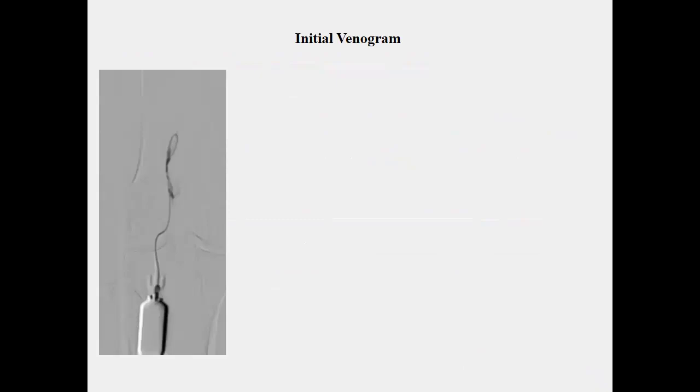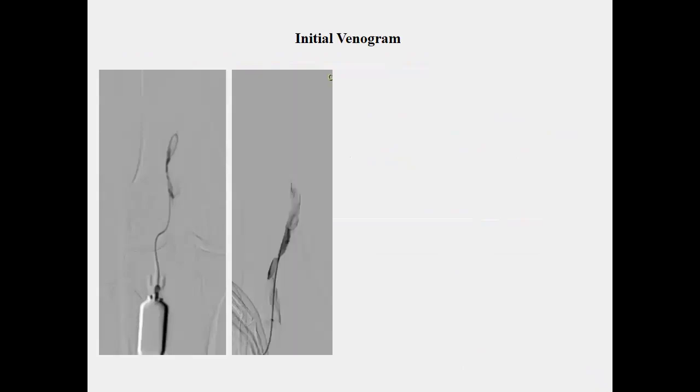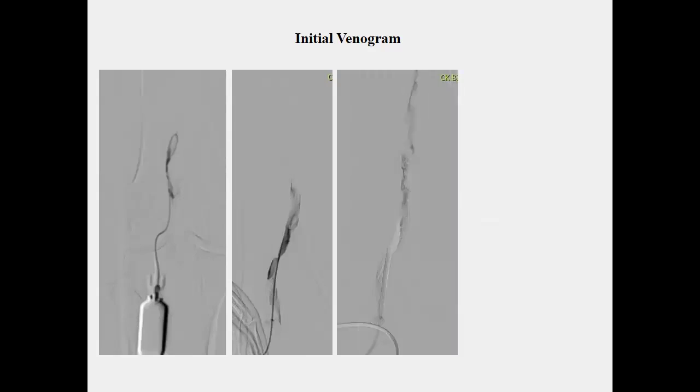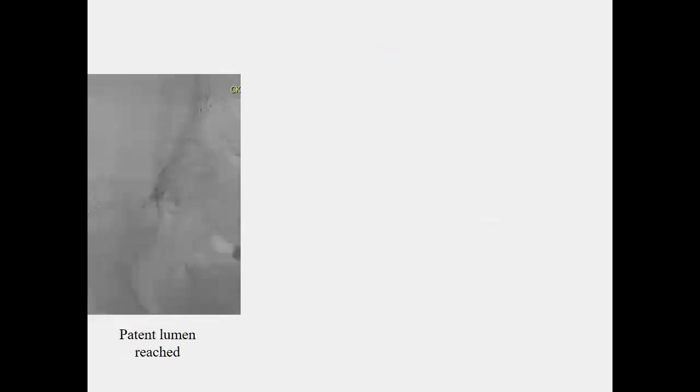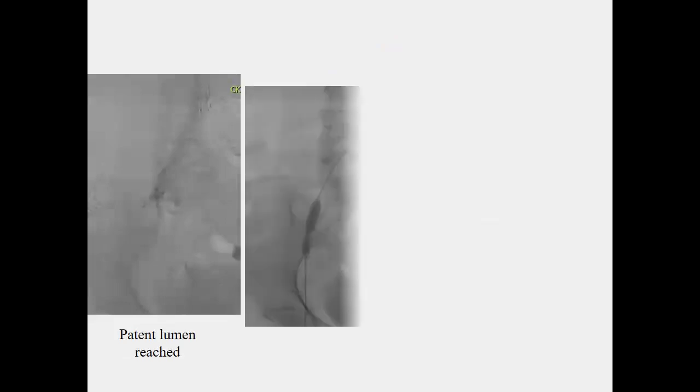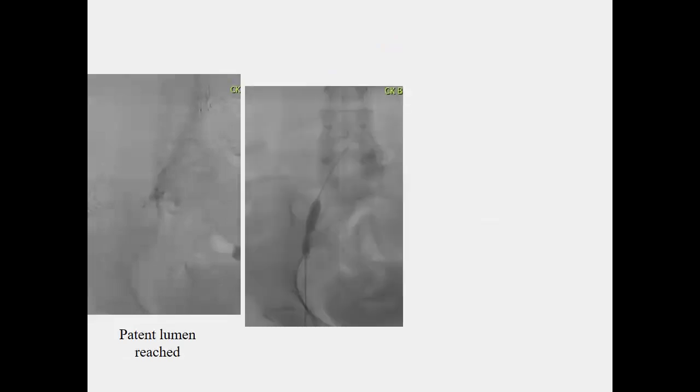So here this patient had an extensive iliofemoral deep vein thrombosis. We punctured the popliteal vein. Stepwise thrombolysis was done and subsequent serial venograms were taken. And finally, we could reach the patent lumen at the level of the right common femoral vein, where we also found a stenotic lesion, the cause of this deep vein thrombosis.